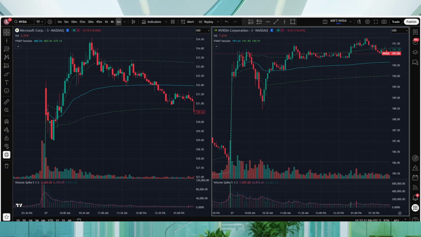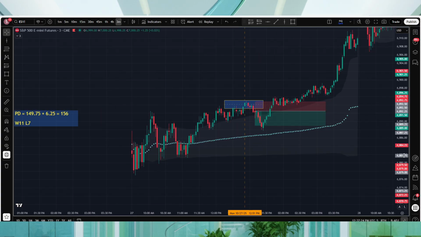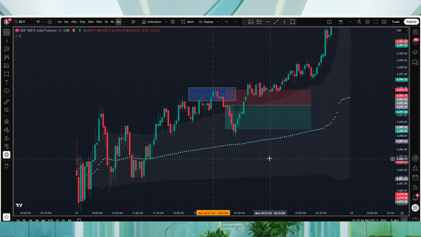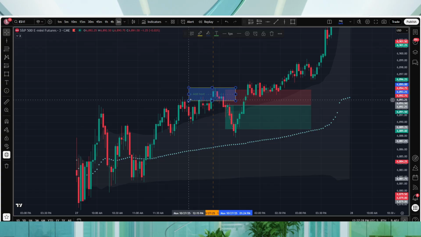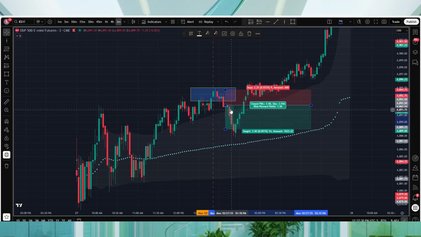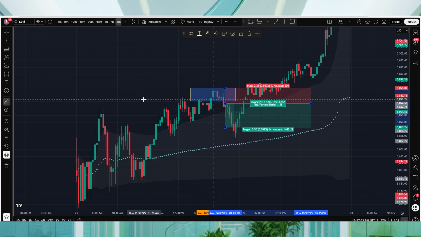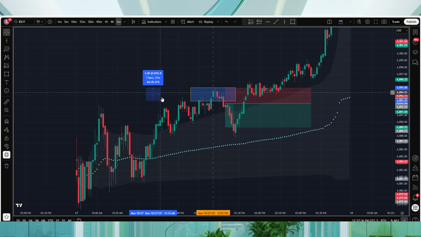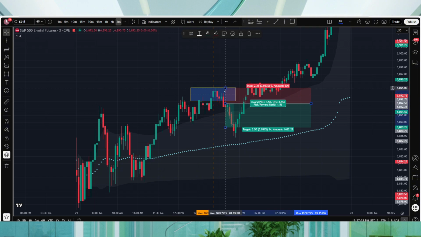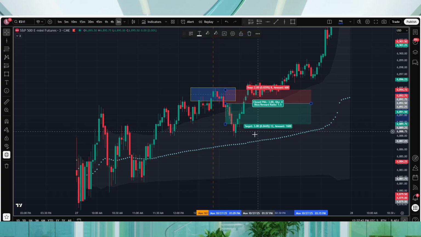So we'll take 12:51. And at 12:51, we get a very small but profitable trade to the downside. So it's a 2-point stop. 2-point stop here.